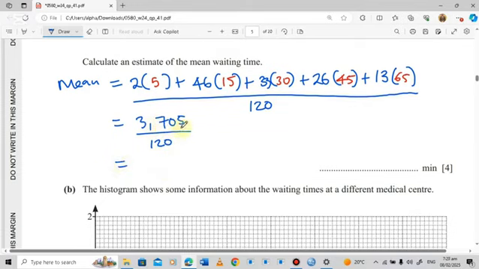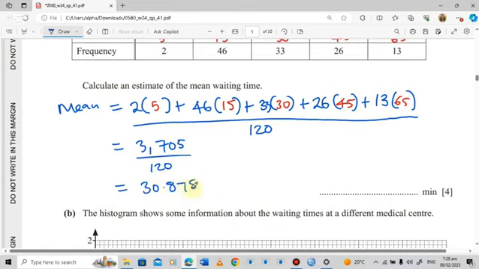So 3,705 divided by 120 is 30.875. So writing this number correct to 3 significant figures, we are going to have 30.9 as the estimated mean waiting time.